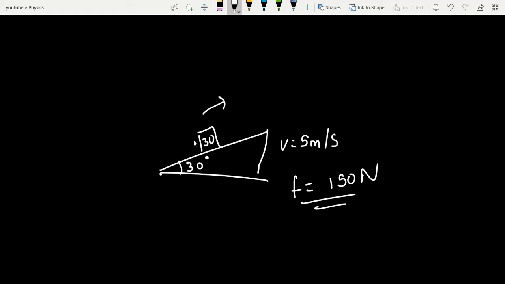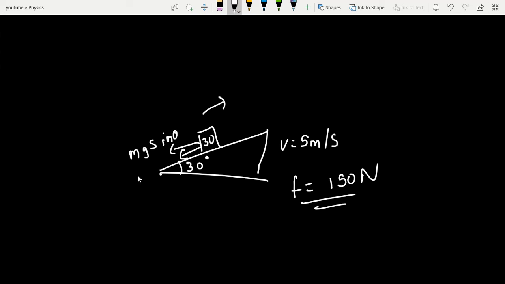We know two forces act over here: mg sine theta, and one more force is going to act in this direction because it's going upwards. So mg sine theta is always in this direction since the body is moving upwards, and then the frictional force will be over here too.